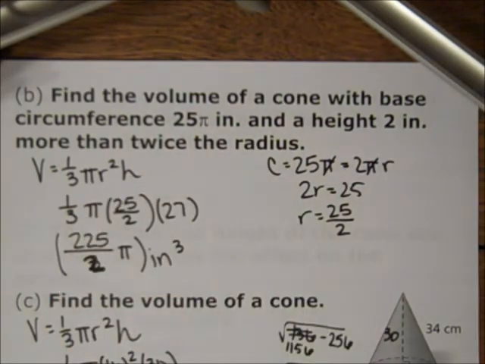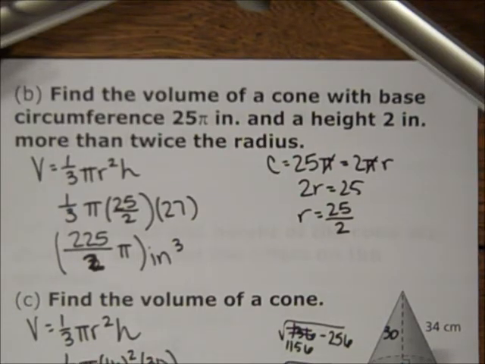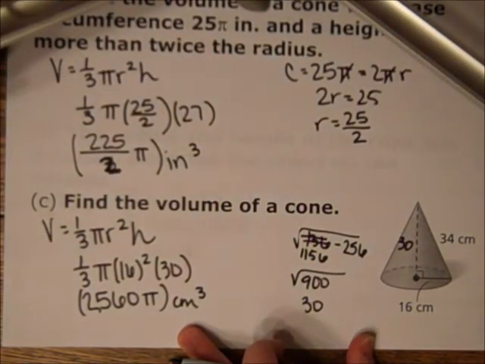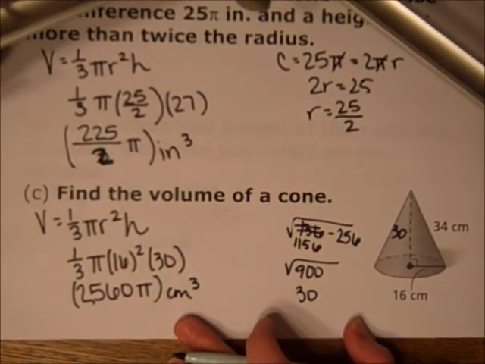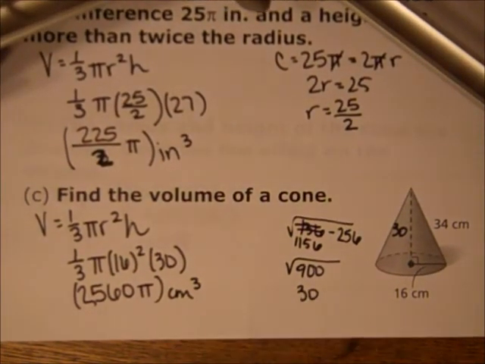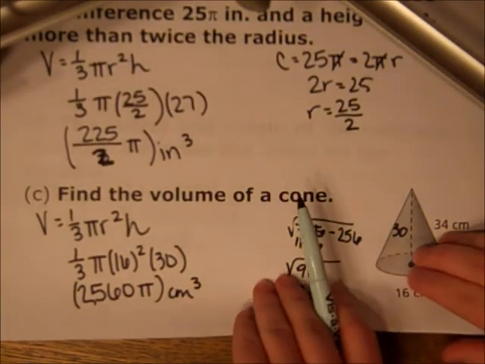So that works out to be 225 halves pi inches cubed. On this one, they give me the slant height, but I'm doing volume, so I want vertical height. So I have to do the Pythagorean theorem, which actually ends up being a Pythagorean triple. It's a multiple of 8, 15, 17. So that height ends up being 30. Once I get all that plugged in, it's 2560 pi centimeters cubed.